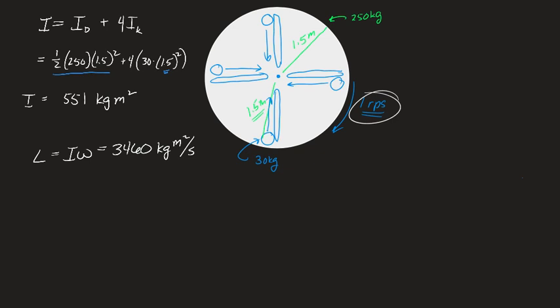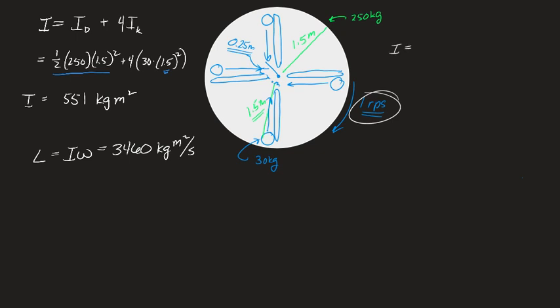Let's say that they walk to a quarter of a meter away. You can't read that because it's too small and too messy. So I'll just write it over here, that they walk a distance of 0.25 meters away from the center of the merry-go-round. So you're calculating a new moment of inertia of the system.